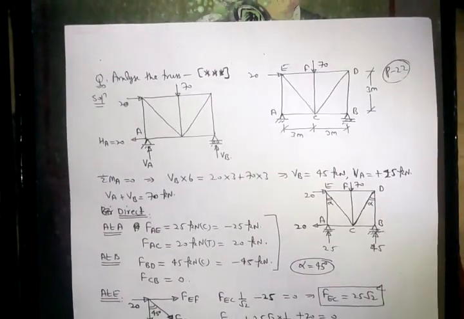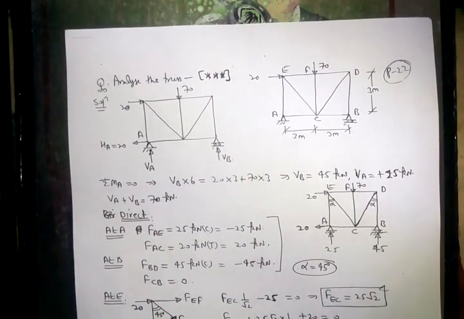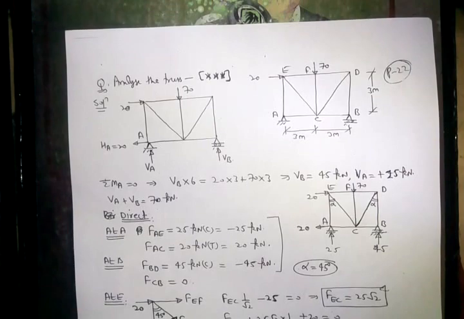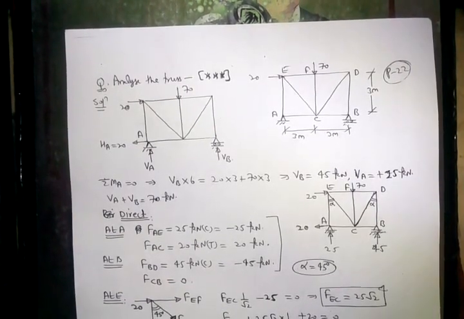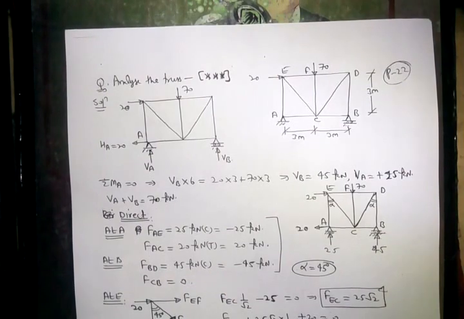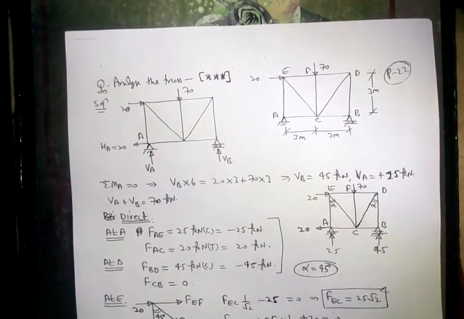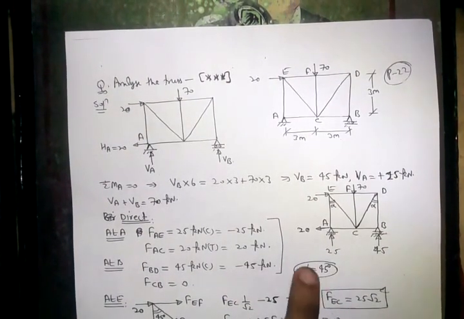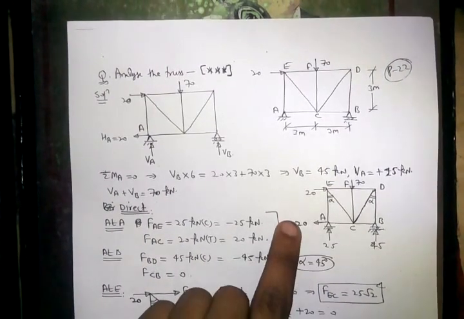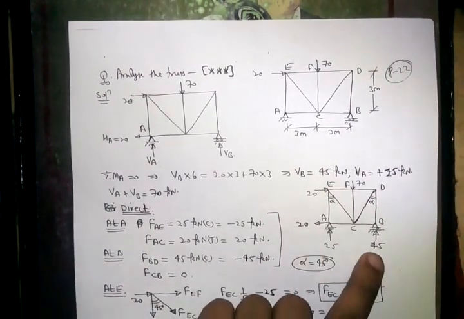A similar question was asked, so this is also important. First of all, find out reactions, and by direct observation or by using method of joints we can solve, right? What are the direct observations? This is 20, this is 25, this is 45.